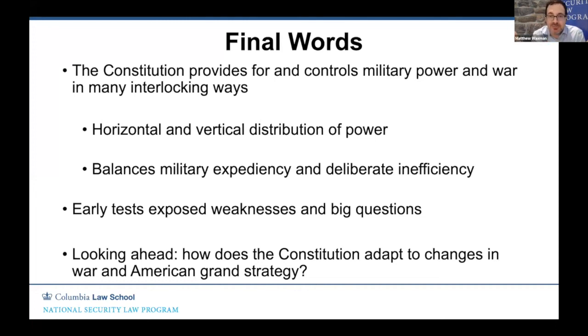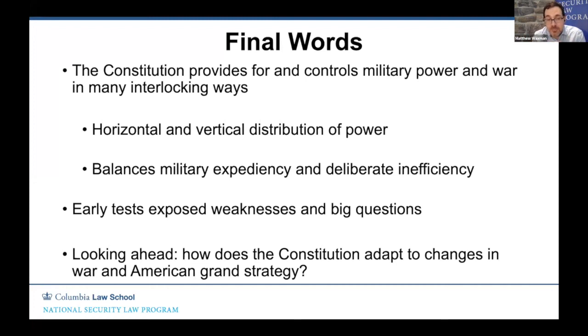The Constitution provides for and controls military power in many interlocking ways. That includes horizontal divisions of power, but also vertical ones, not just between the branches, but between the levels of government, the national government and the states.